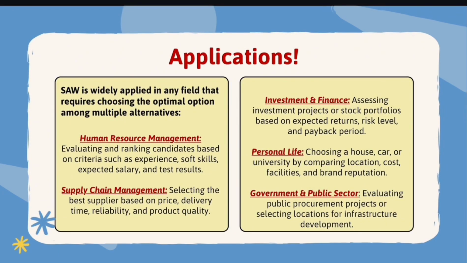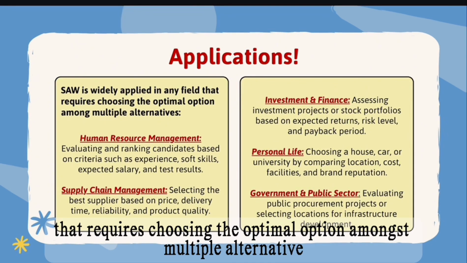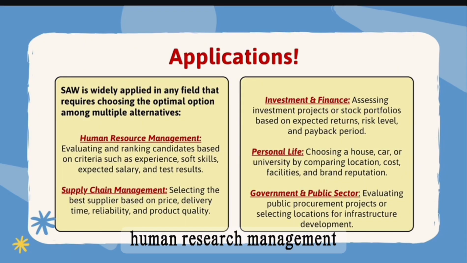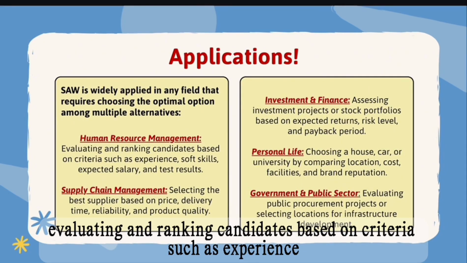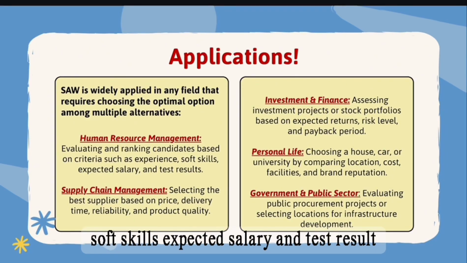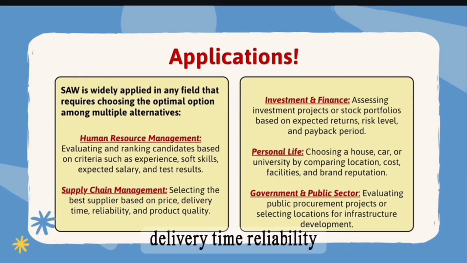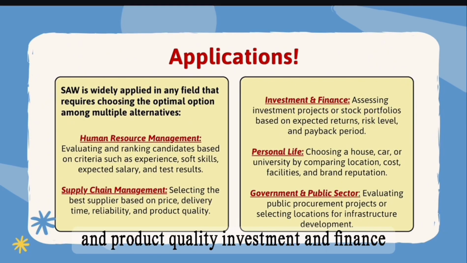For applications, SAW is widely applied in any field that requires choosing the optimal option amongst multiple alternatives. Human resource management: evaluating and ranking candidates based on criteria such as experience, soft skills, expected salary, and test results. Supply chain management: selecting the best supplier based on price, delivery time, reliability, and product quality.